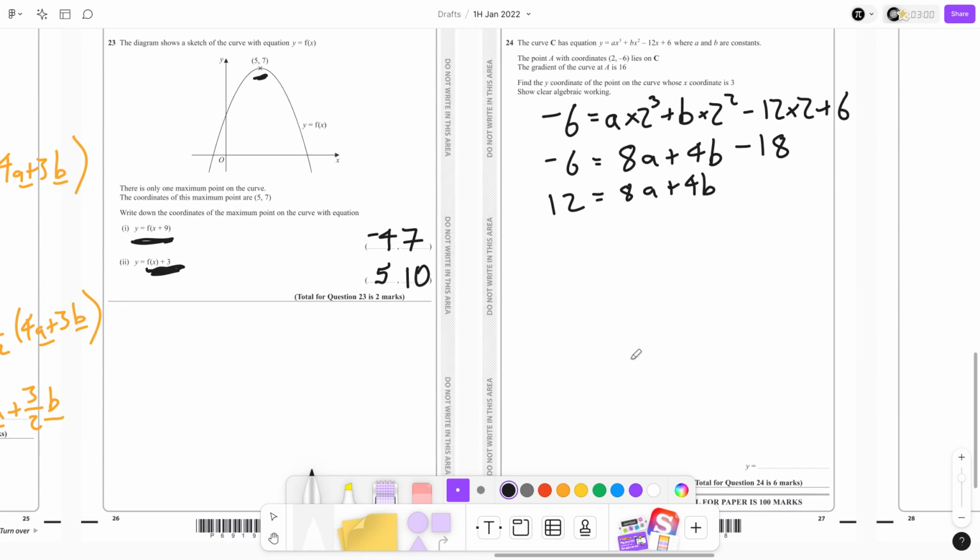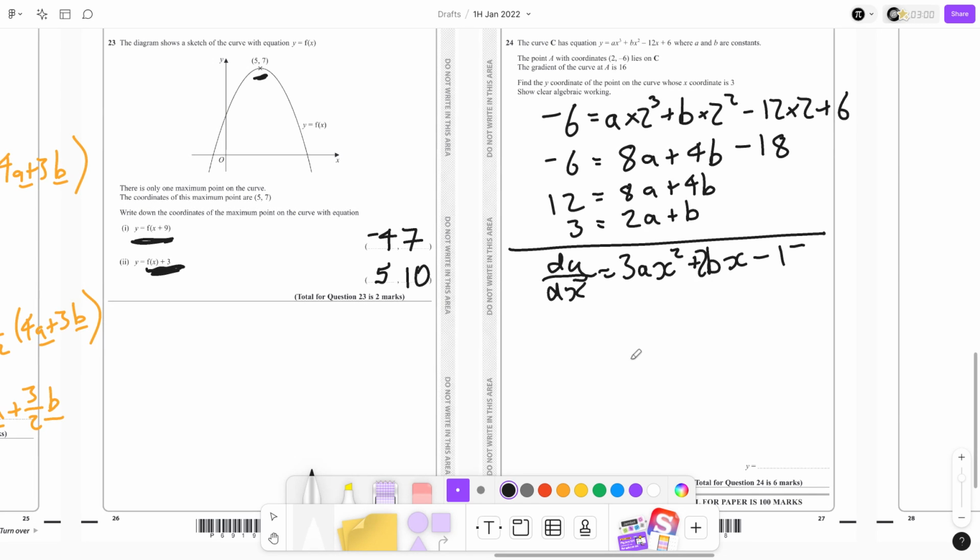Let's divide that all through by 4. We get 3 equals 2A plus B. So that's relatively nice. And then we need to use the gradient equation. So we know that dy by dx has got to equal 3a x squared plus 2bx minus 12.